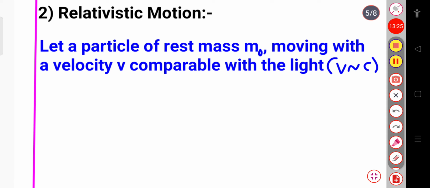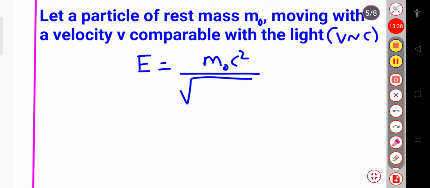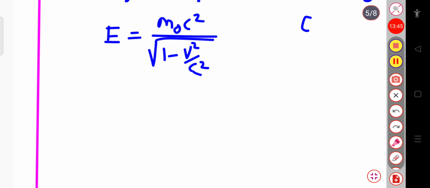In this case, we can write our energy expression, E equal to m0 c square divided by root over of 1 minus v square divided by c square, because we know E equal to mc square, Einstein relation, and in place of m we have to put m equal to m0 divided by root over of 1 minus v square by c square.